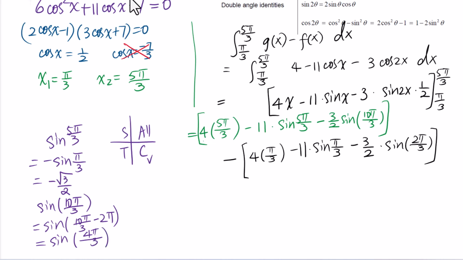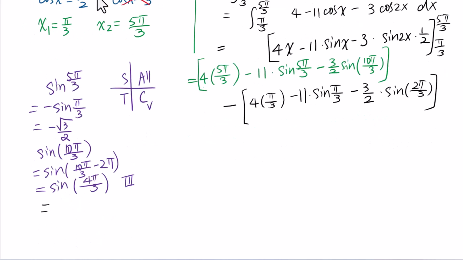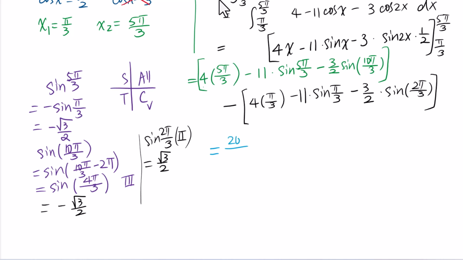This goes to the third quadrant, so the answer is still negative square root of 3 over 2. For sine 2 pi over 3, it's the second quadrant, so we got square root of 3 over 2. This equals 20 pi over 3 minus 11 times negative square root of 3 over 2 minus 3 over 2 times negative square root of 3 over 2.